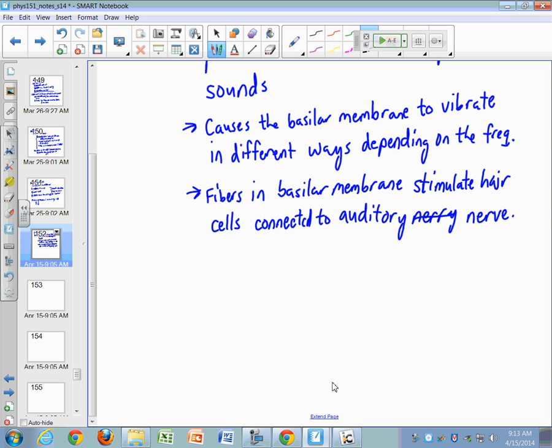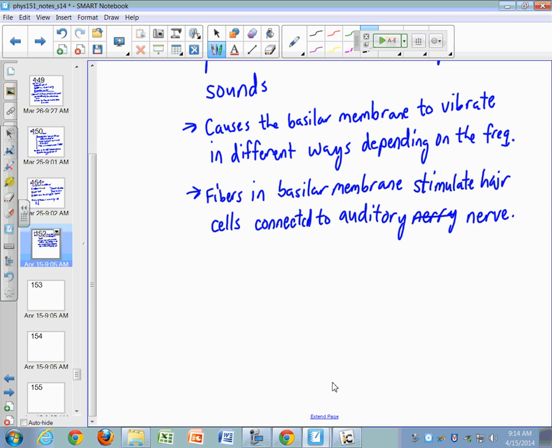Depending upon the frequency of the sound and the frequency of those vibrations, it'll set up these pressure waves within this fluid-filled chamber. And then, depending upon those pressure waves, which have a set frequency, they will stimulate this membrane, which is connected to the hair cells, which are stimulated further. And then those hair cells actually send an electrical signal to the brain through the auditory nerve.